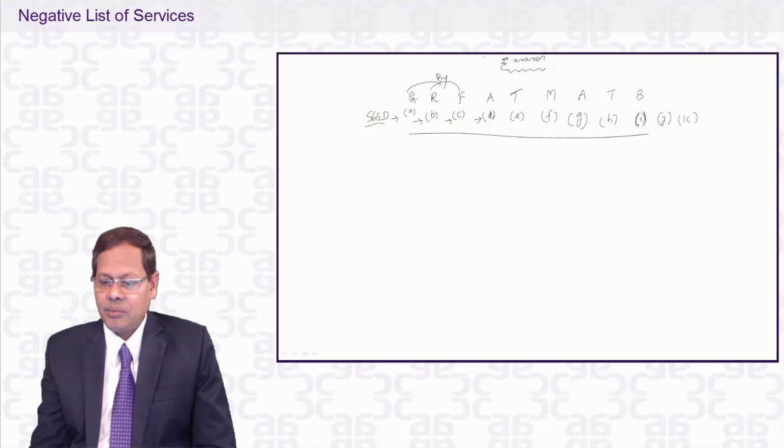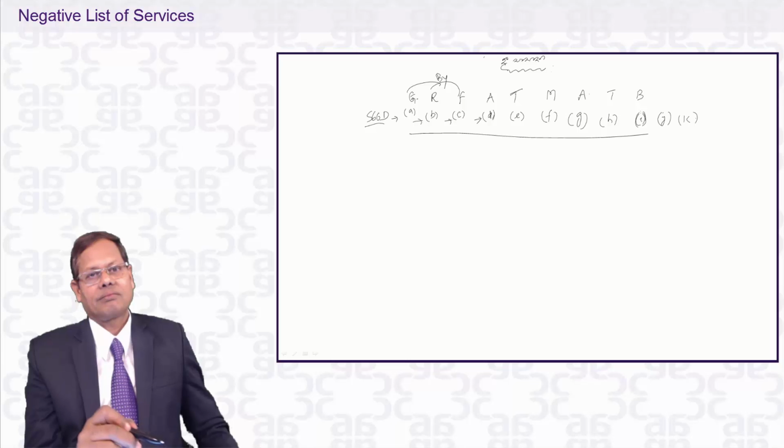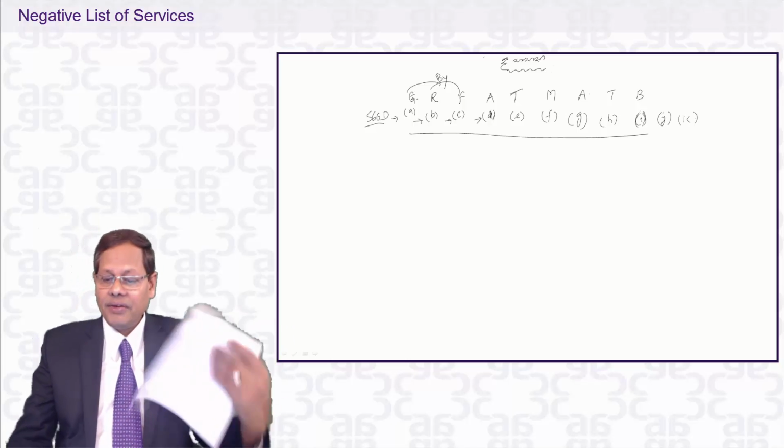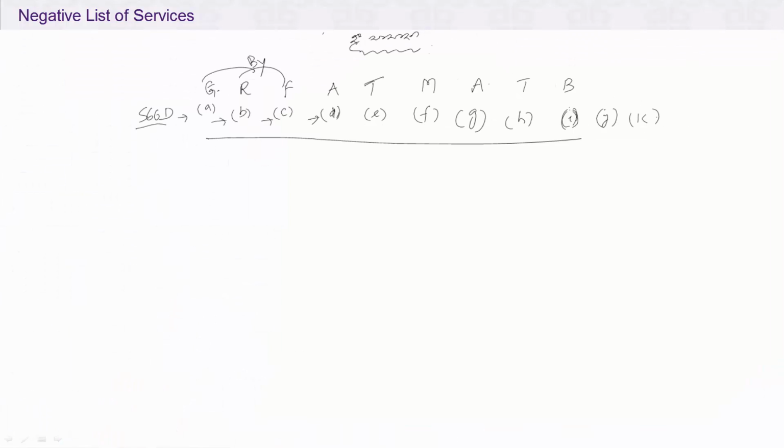So this entry number I will not affect it. Leaving that portion, say for example, it is like this: betting, lottery, etc. But some portion is there now. This portion is a service as per section 65B(44).